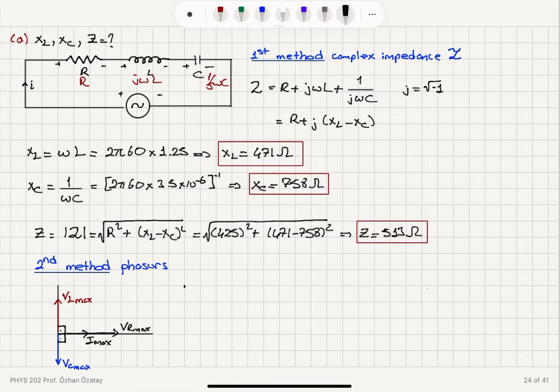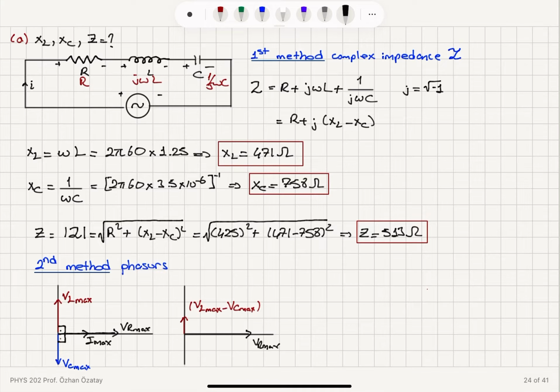Now, if we put all of these together in a single phasor diagram by adding the voltage phasors, I'm going to get a resultant phasor for inductor and capacitor of magnitude VL max minus VC max, pointing in the up direction. And then I have the voltage phasor here for the resistor. This is VR max.